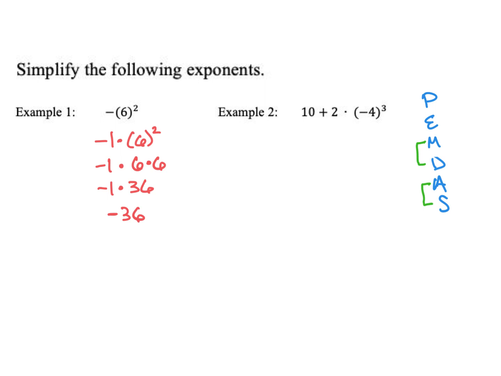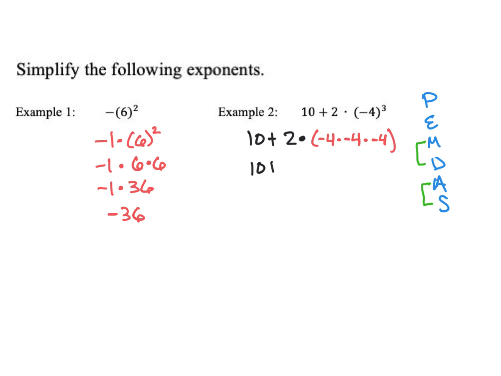So I'm going to look through here and say, okay, I need to do my exponent first. I still have my 10 plus 2 being multiplied by, and remember we have an exponent of 3. That tells us we're going to take -4 and multiply it by itself 3 times. So let's go ahead and do that.